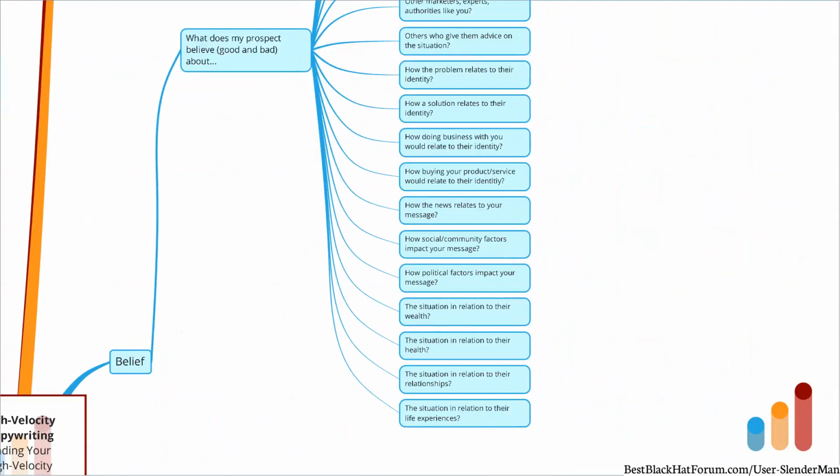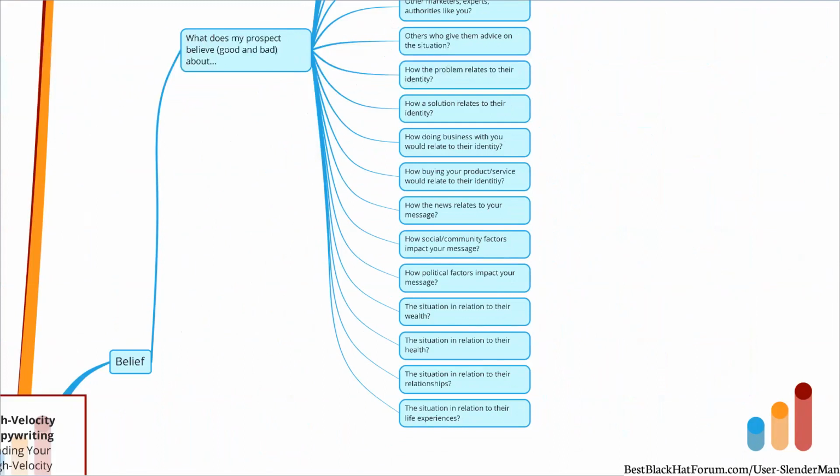So these are a lot of questions that really should at the very least bounce around in your head. And again, you can refer to the mind map for these and run through these questions and start to ask yourself how all of this impacts your selling message and your presentation of the big idea, whether it is a problem, an urgent problem, a prediction that you're making, or a new opportunity that you're presenting.